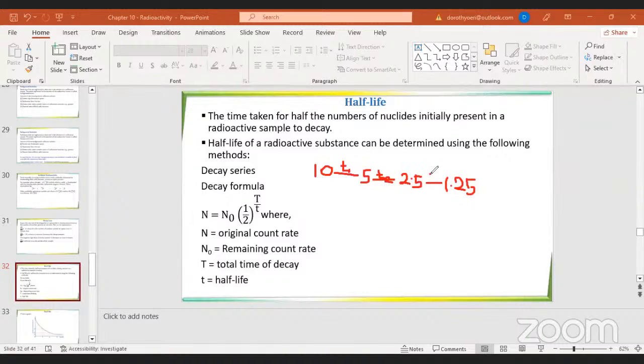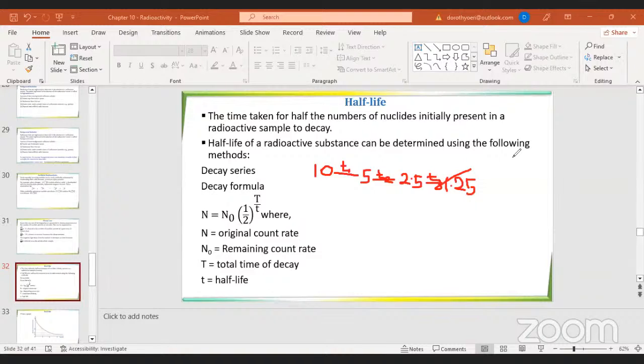And then at this point here is our T3. So T1, T2, T3 are half-lives. Half-life simply means the time it takes to decay to a half. The number of nuclei might not be the same, but the time it will take that particular number of nuclei to decay to a half is what we are referring to as half-life.